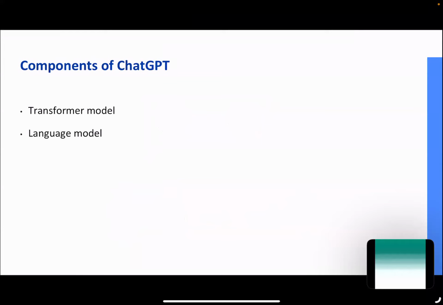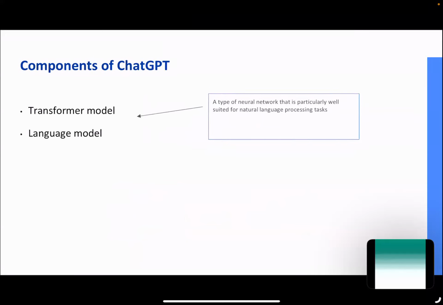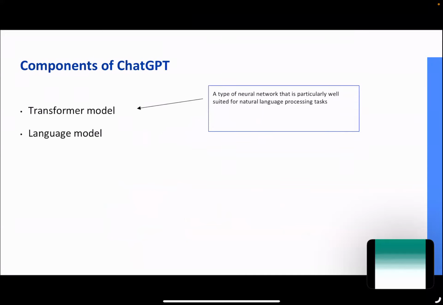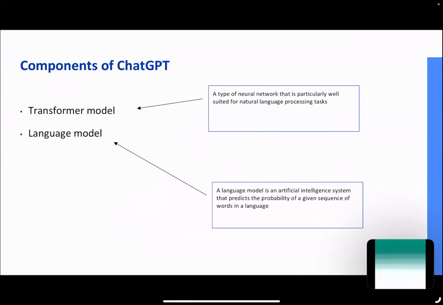Major components of ChatGPT are the transformer model and the language model. We can name it a transformer model, as it is a generative pre-trained transformer, and we can also name it a language model. So, what is a transformer model? A transformer model is a type of neural network that is suitable for sequential data, and it is mostly used for natural language processing tasks.